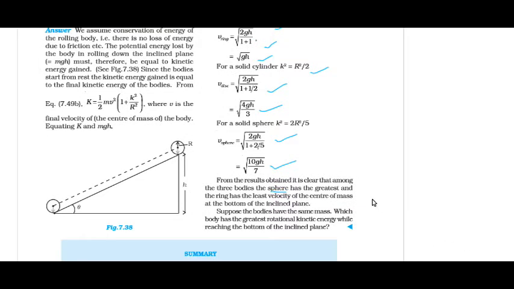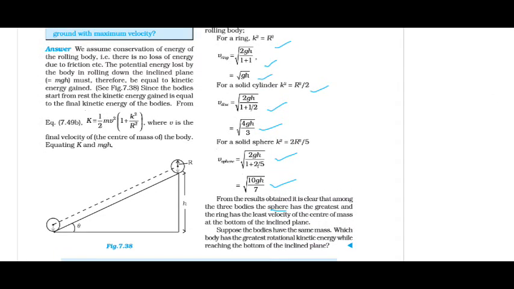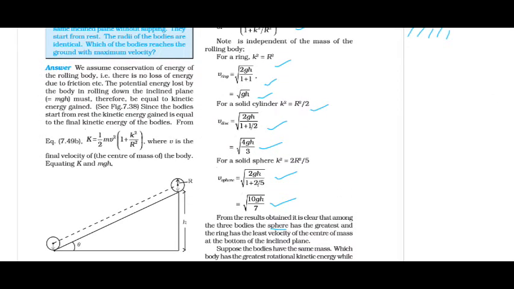This is the main thing: if we roll a ring, cylinder and sphere, which has more kinetic energy, which has more velocity? So it is proven that the sphere has the greatest velocity and the ring has the least velocity. And this is the end of the chapter.